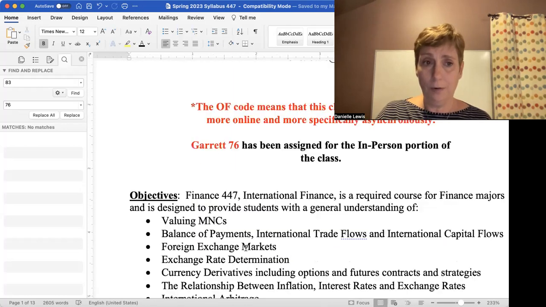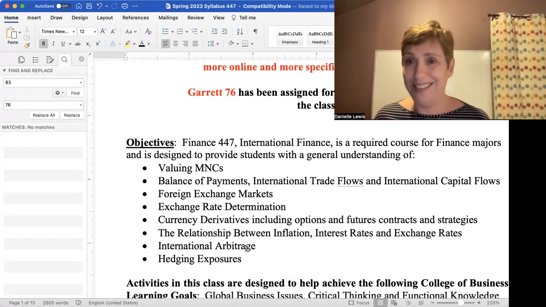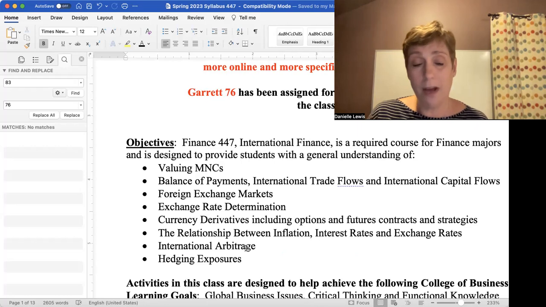So with that said, I'm going to roll through this. What are we going to study this semester? Well, it's international finance. And we're going to be valuing multinational corporations first off. Pretty simple in a sense that it's very much like what you've learned in your investments class and your corporate classes. We're going to use the discounted cash flows model.